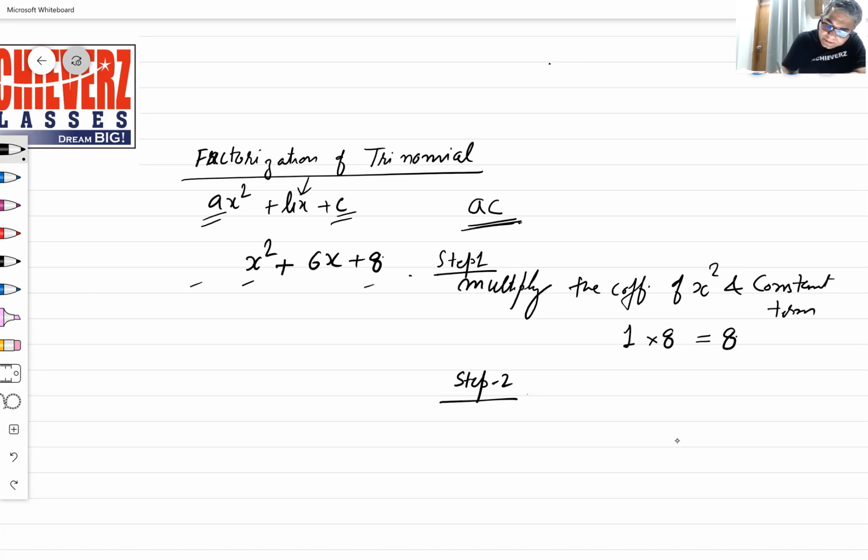For example, here I have to factor this 8 so that I can get the sum of the factors as 6. My simplest factors for 8 are 4 into 2. These are the factors of 8, and if I add 4 plus 2, I get 6.